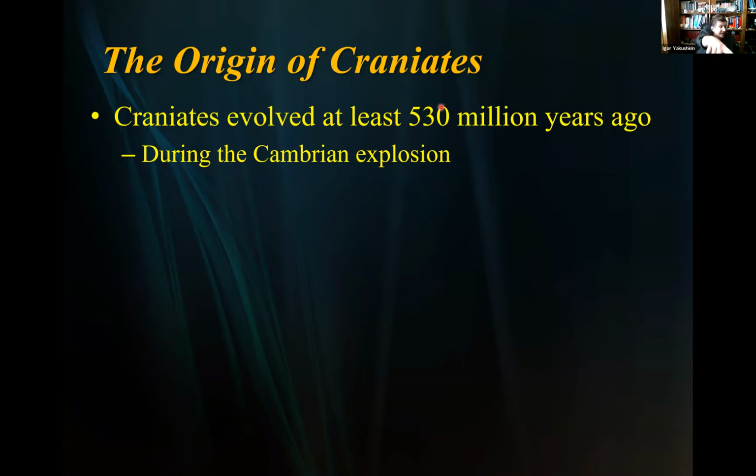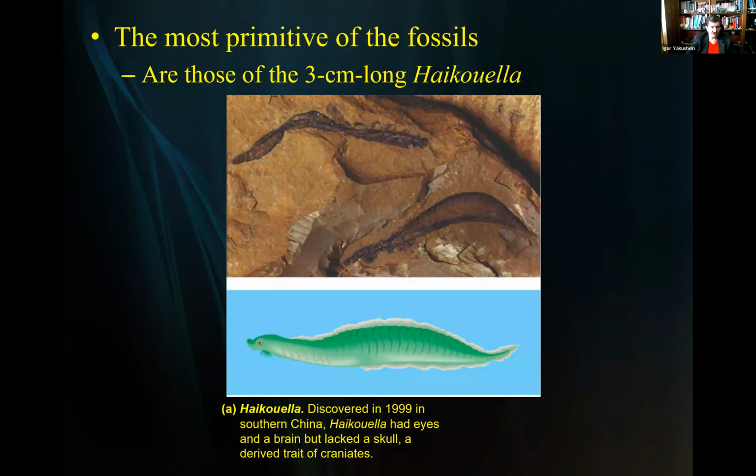So again, the Cambrian explosion, at least 530 million years ago, because we have distinct fossils for that. Those particular fossils are quite strange looking, and this is one of the creatures, known as the echinoderms.